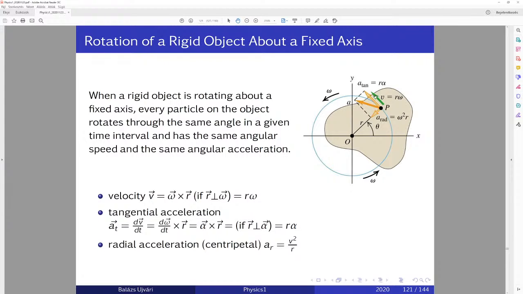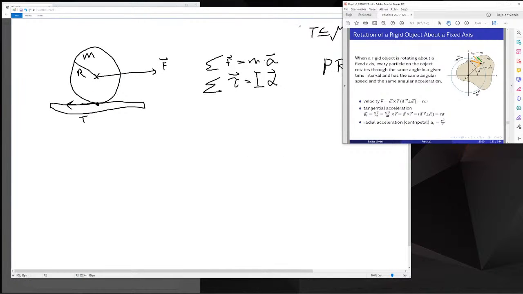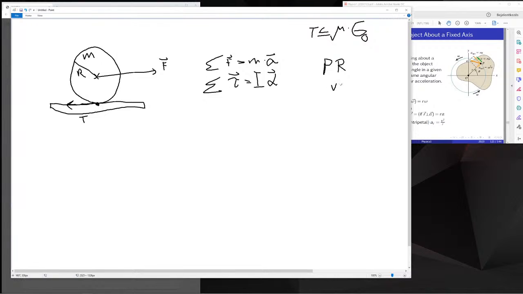Pure rolling means the velocity depends on the angular velocity, and technically the velocity for pure rolling will be equal to the angular velocity of this cylinder times r, and the acceleration is the angular acceleration times r. So this is equivalent to pure rolling.